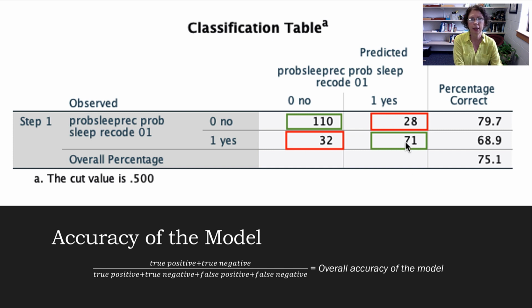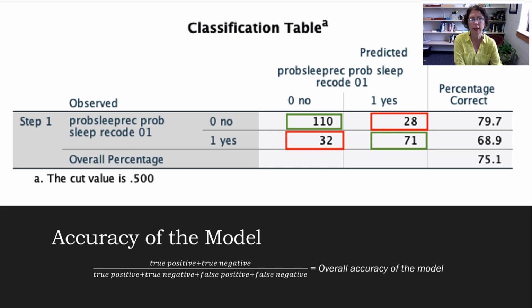What it didn't get right was when we predicted that this case would report a sleeping problem, but they didn't report one. Or we predicted that the case would not report a sleeping problem, but they did. So these are times where the regression equation did not get it right.